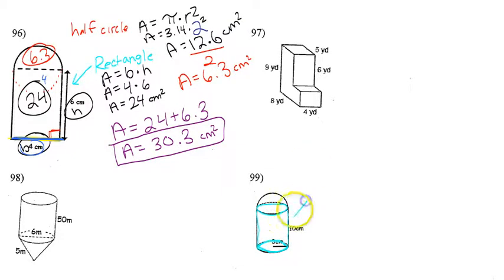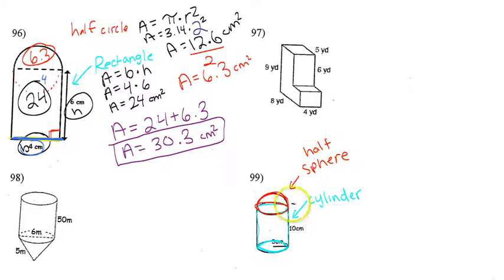That's a cylinder, so I'm going to draw a little arrow and say cylinder. Now on top, I need to look at what's on top, and that's this right here. And on top is a sphere, but it's only half. That's half of a sphere. If you took a ball, cut it in half, and set it on top of the cylinder, that would be a half sphere sitting on top of that cylinder.